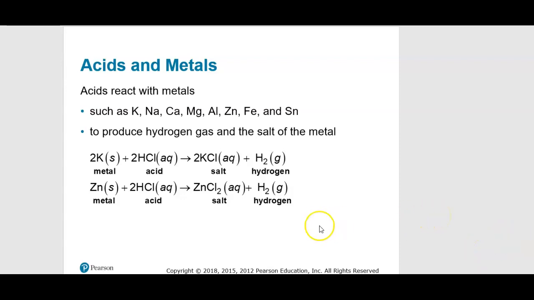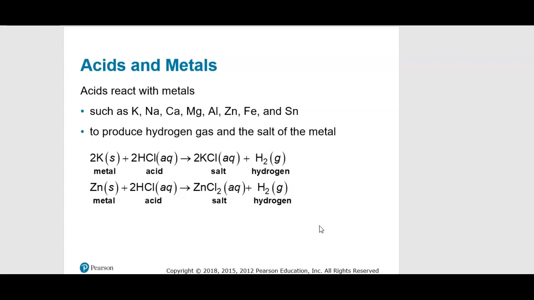So what's going on is you already know that metals like to form positive ions. So metals are going to give up one or more electrons so that they can get that noble gas configuration. And something, of course, has to pick that up, something with a positive charge, and the only thing with a positive charge in this is going to be the hydrogen ion, H+.